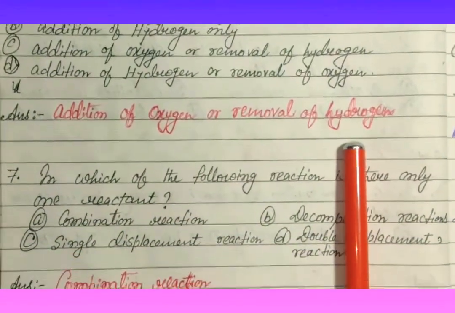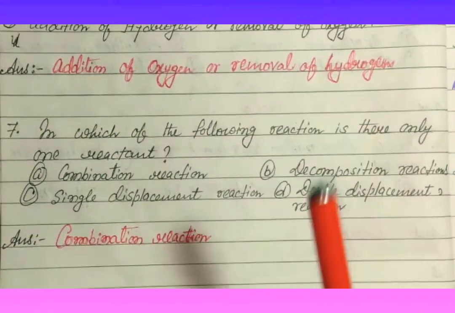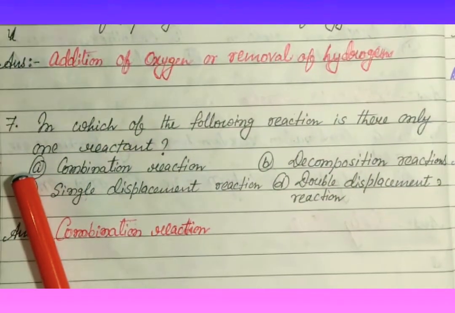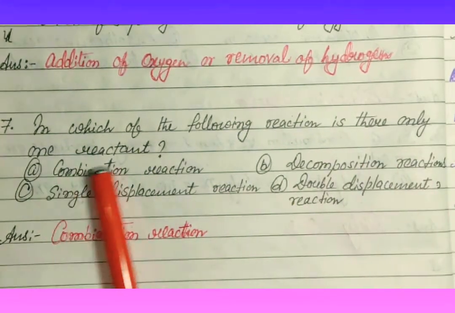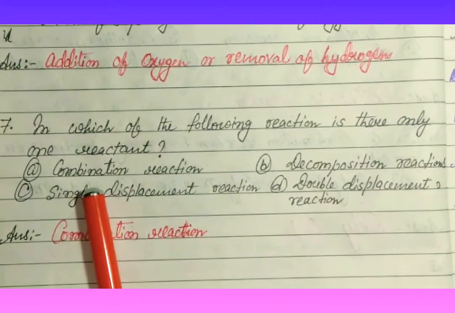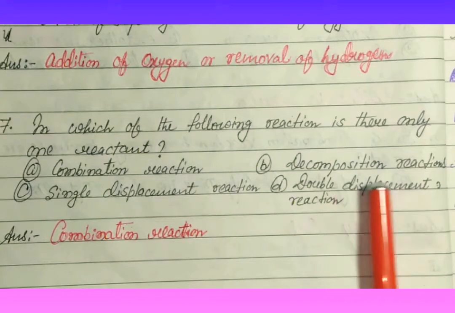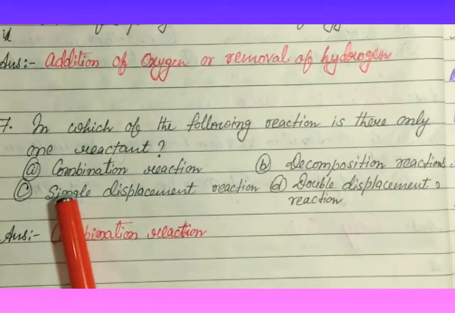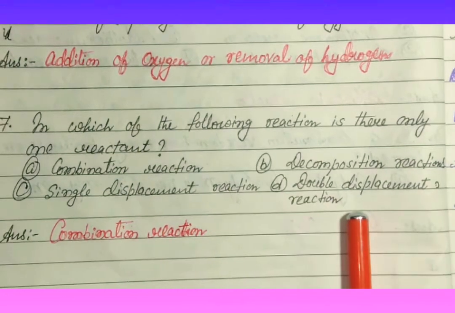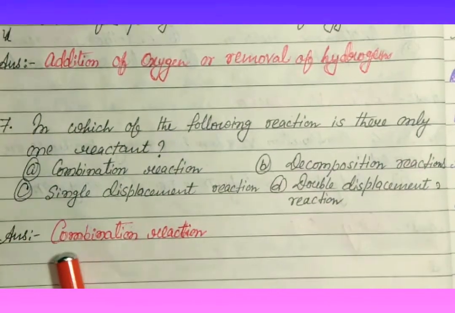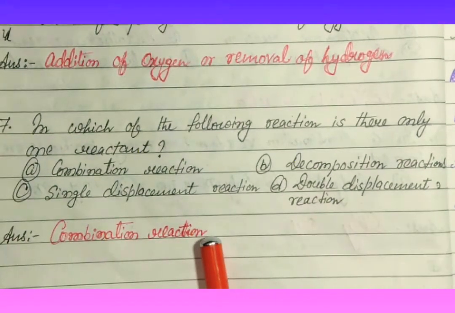This is an oxidation reaction. Question number 7. In which of the following reactions is there only one reactant? Combination reaction, decomposition reaction, single displacement reaction, double displacement reaction. The answer will be decomposition reaction.